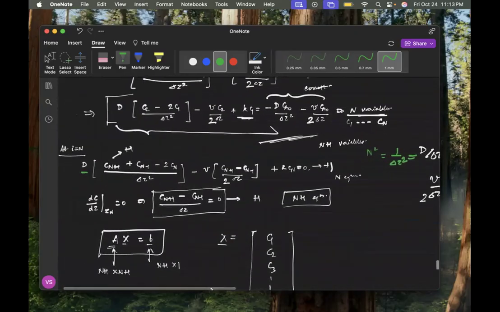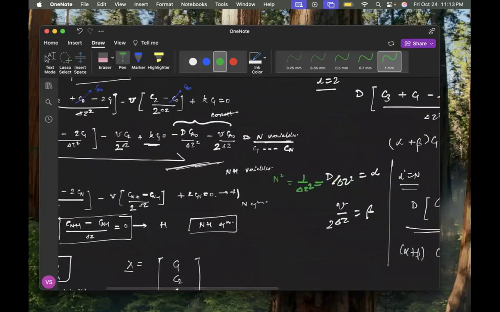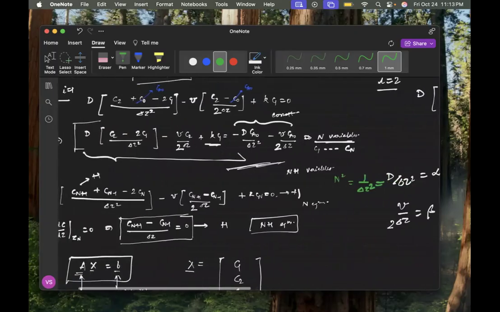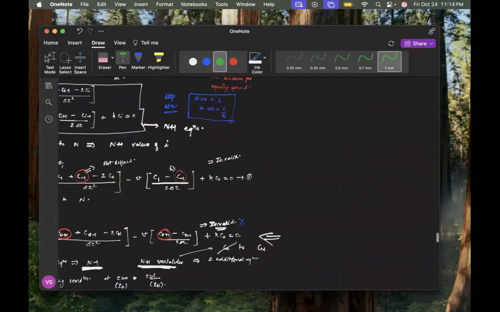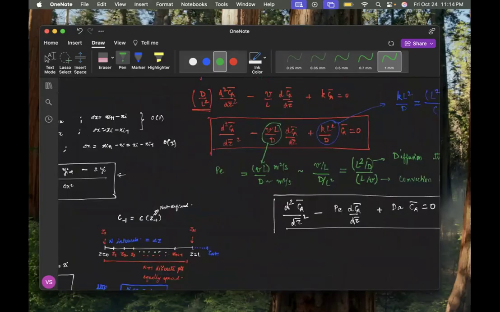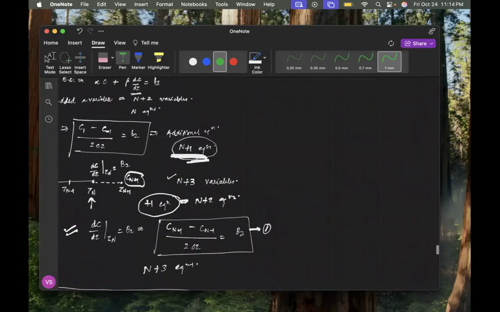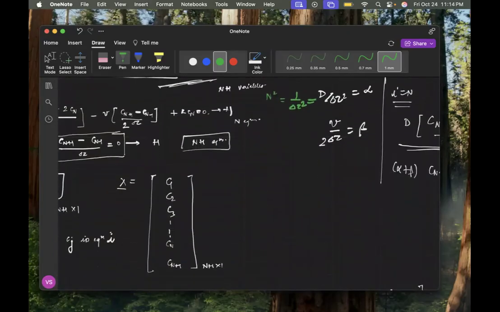And then v over 2 delta z was the coefficient of the first derivative. So now the equation has Pe as the coefficient. So instead of velocity, you're now going to write it as Pe over 2 delta z, right? That's beta. And once again, delta z is 1 over n.